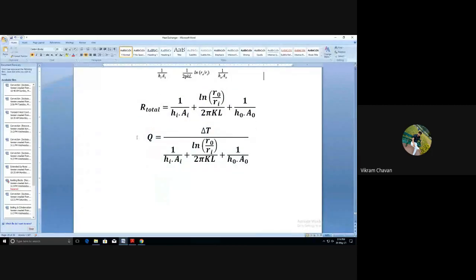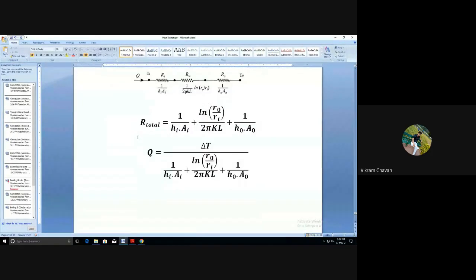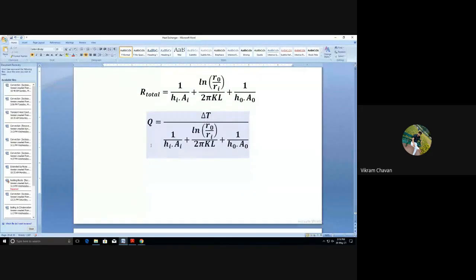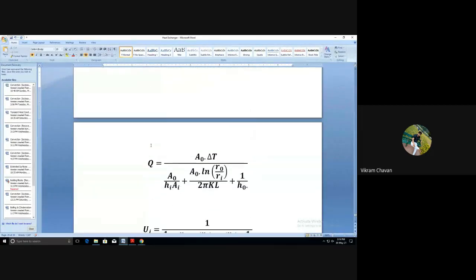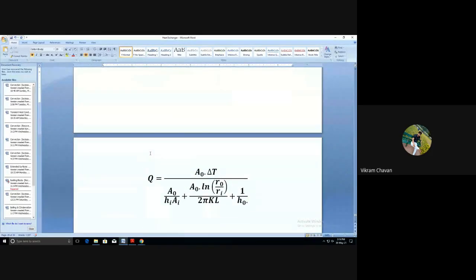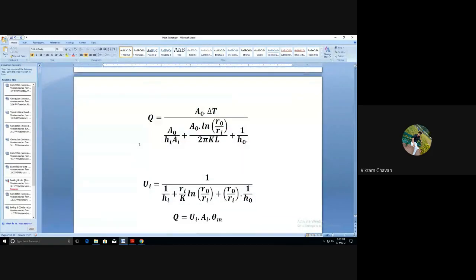So in this case, you can directly write down. If you're not understanding this, then you can write these formulas for R total, Q means what, and then if you take A naught common, then what we'll get.